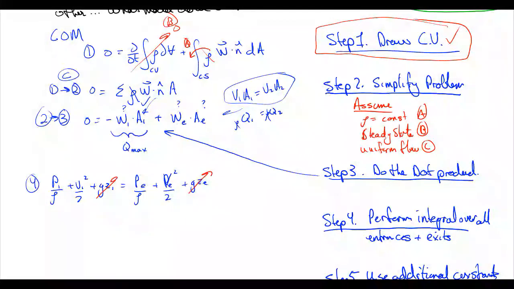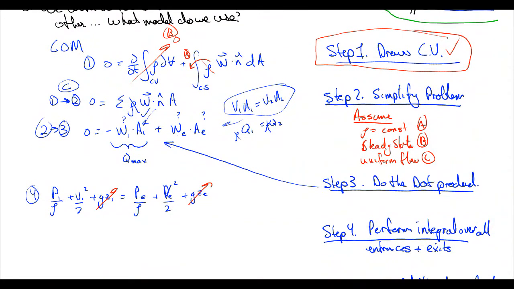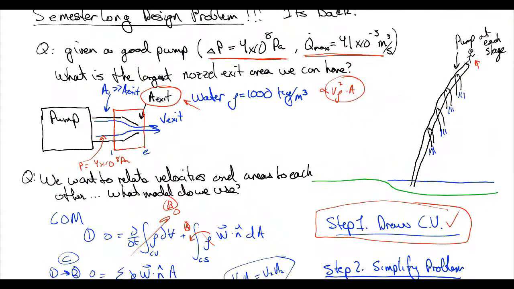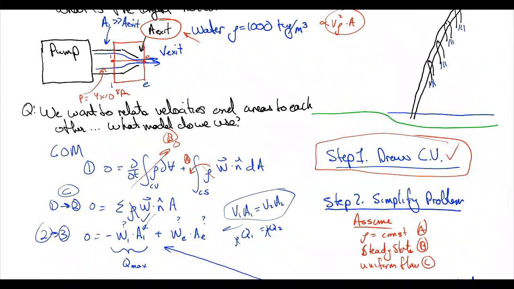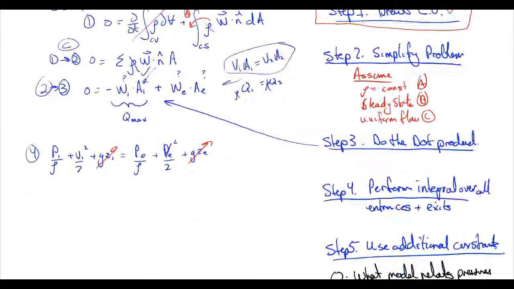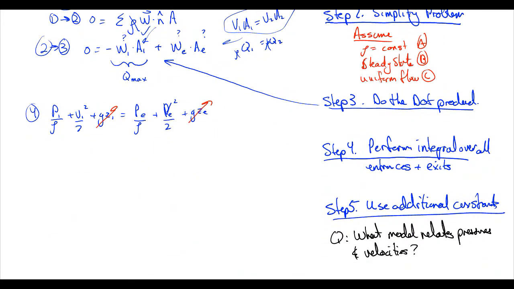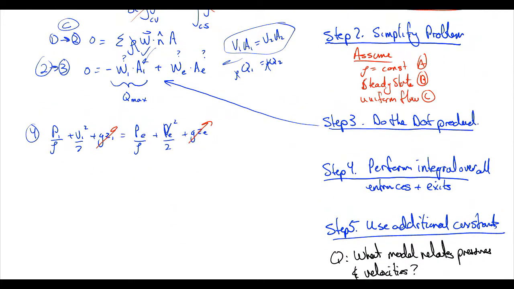We're going to choose gauge pressure. And remember, we need to draw a streamline for Bernoulli's in order to use it correctly because we have to know where our entrance and exit points are. So if we pick here and then draw out to here, where this is 1 and this is E, we can also assume gauge pressure.